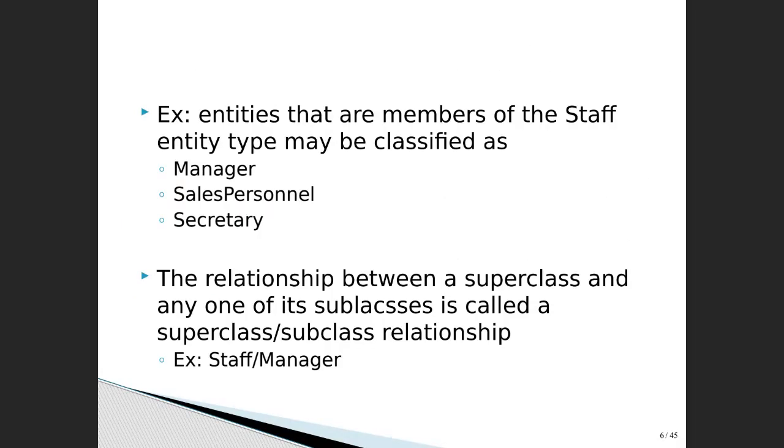Now, as I said, there are so many examples for the subclasses. Each member of staff can be classified as manager or sales personnel or secretary, for example. So these are subclasses, and the staff is the superclass.